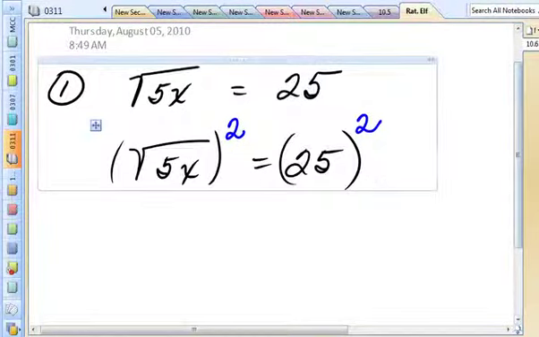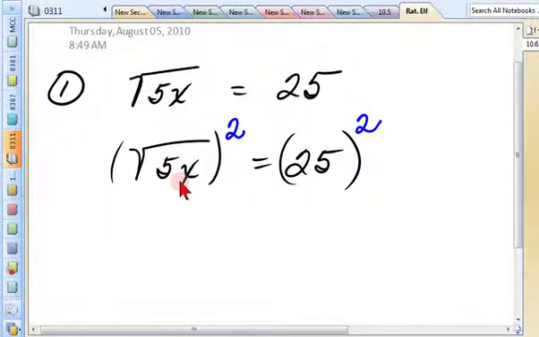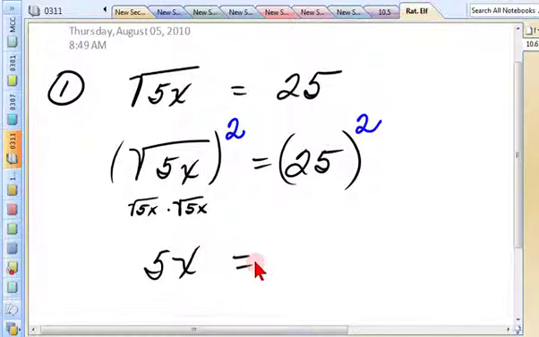All right. So if I square the left side, well, that is the square root of 5x times the square root of 5x, and what happens? It's 5x. It pops out. The right side, if you square 25, you get a big old number.